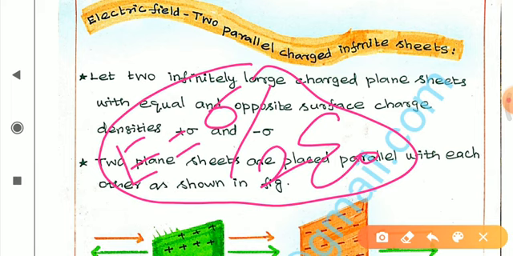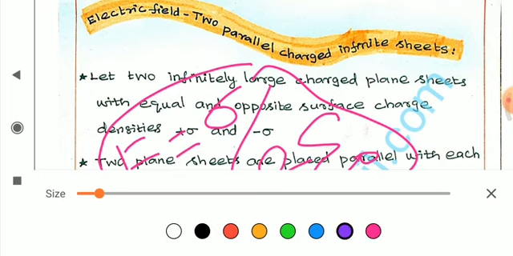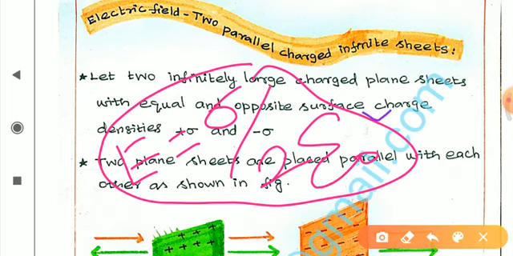Are you clear? Now what is the value of electric field? This is the same for a plane sheet of charge, either with positive surface charge density, plus sigma, or negative surface charge density, minus sigma.